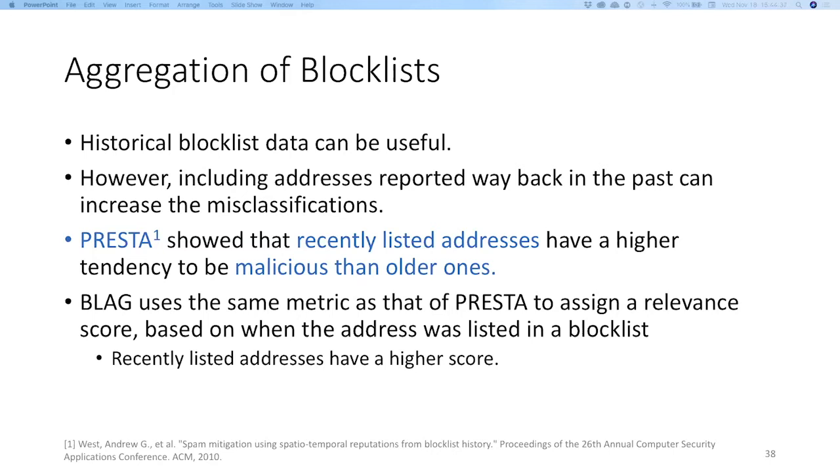So in order to capture this, BLAG uses something known as a relevance score, which is the same score presented by Presta, to determine when the IP address was listed in a block list. The relevance score is structured in such a way that recently listed addresses have a higher score.